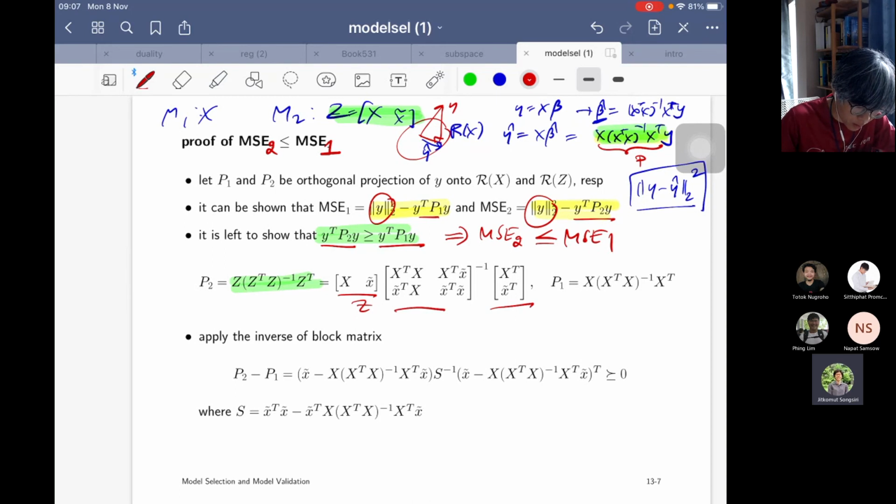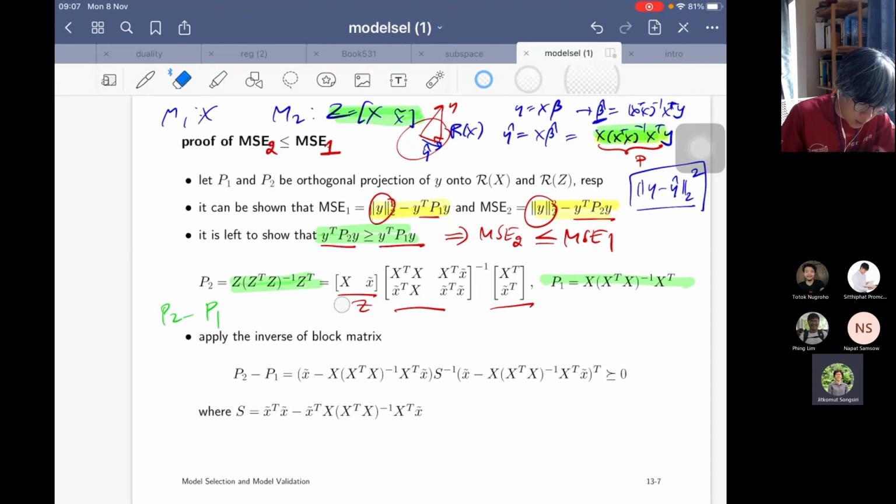And for P1, because P1 is for model 1, it uses X as a regressor. So P1 is given by this expression. Now, the part that we want to show is that P2 minus P1 is bigger than 0.